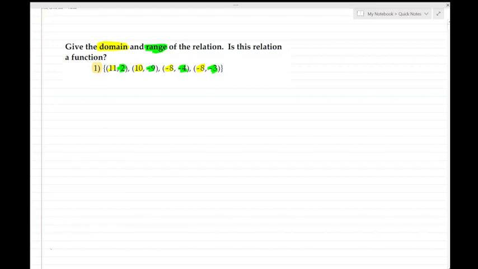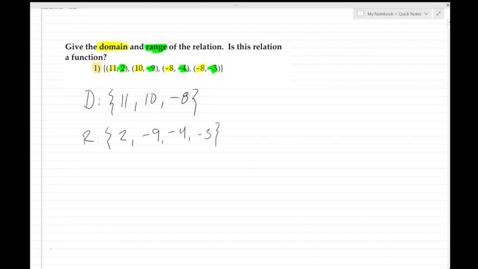If we write that out, we have the domain be 11, 10, and -8. Then the range will be 2, -9, 4, and -3.